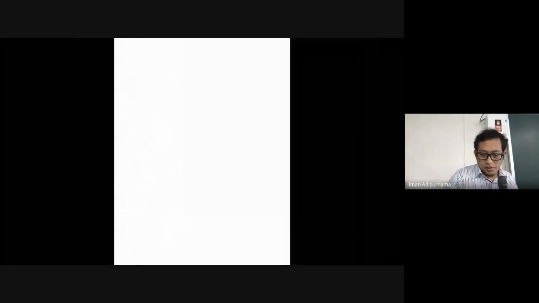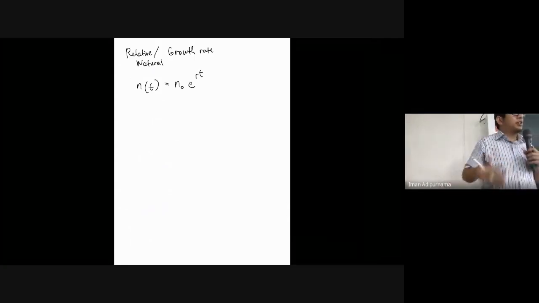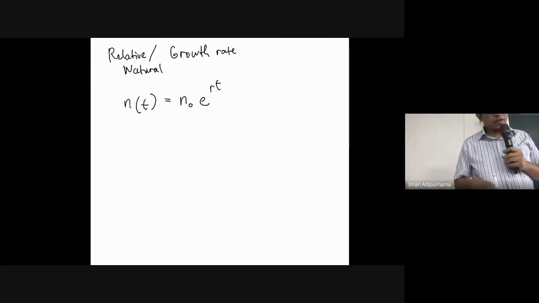Okay, that's the doubling. But for the relative or natural growth rate, we are using the, I think this expression will be also mentioning in calculus, okay? But with the little bit different, but the same concept.